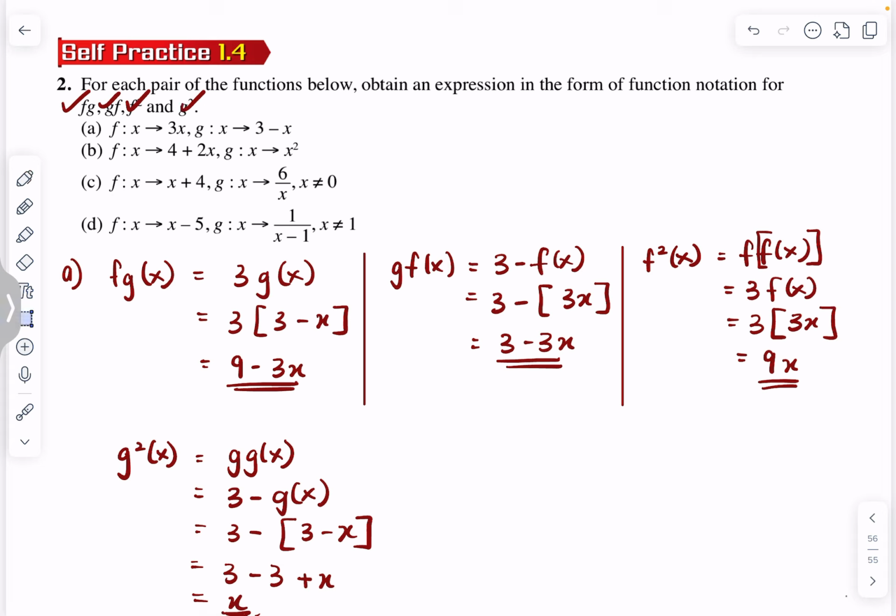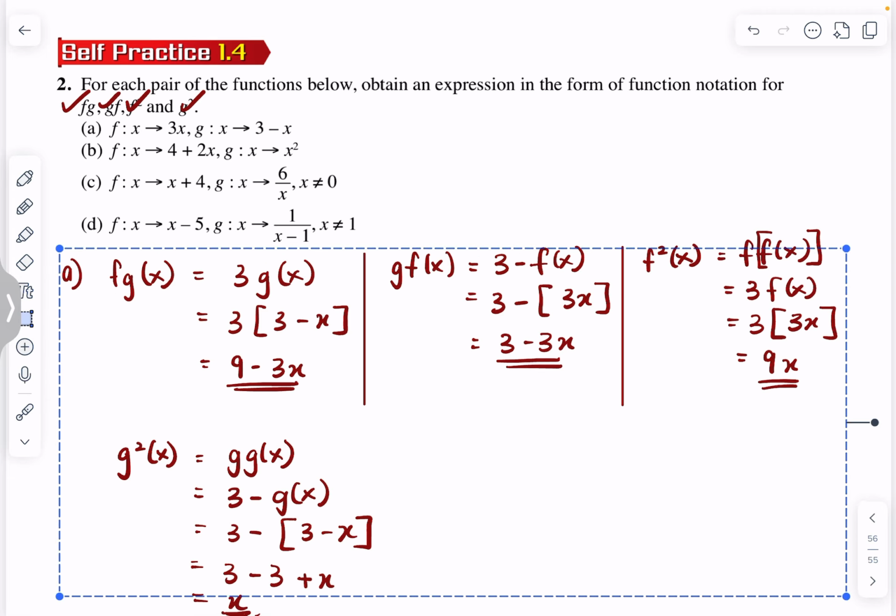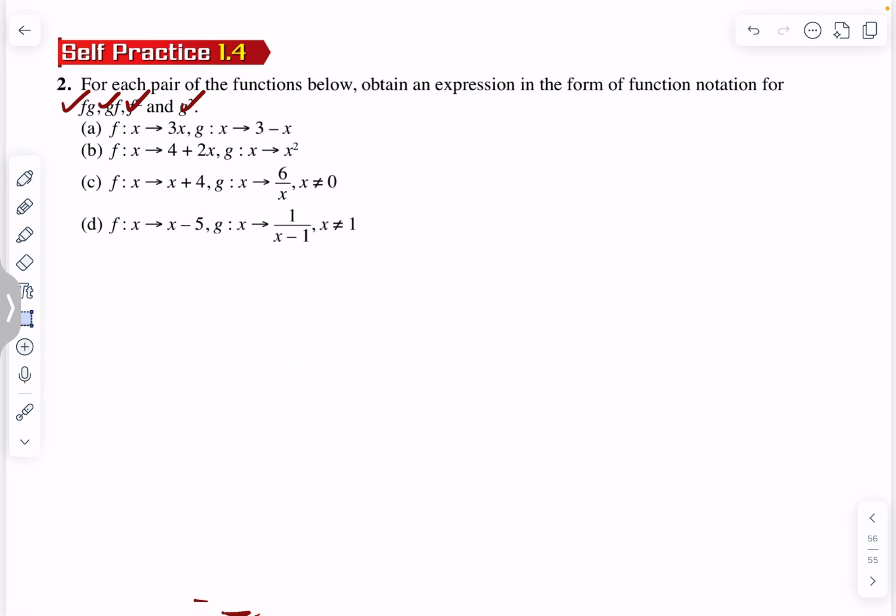Right. Now we try B. Okay, so fg(x). So if f(x) is 4 plus 2x, fg(x) would be 4 plus 2g(x).